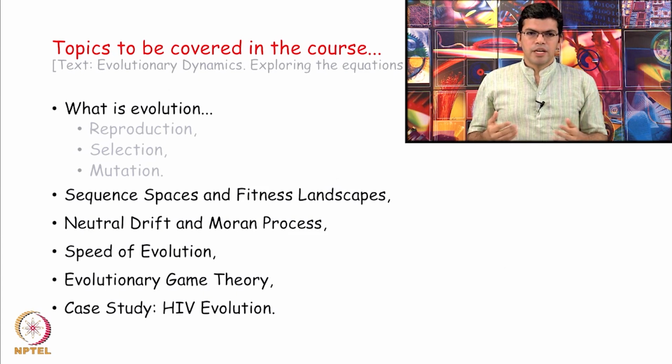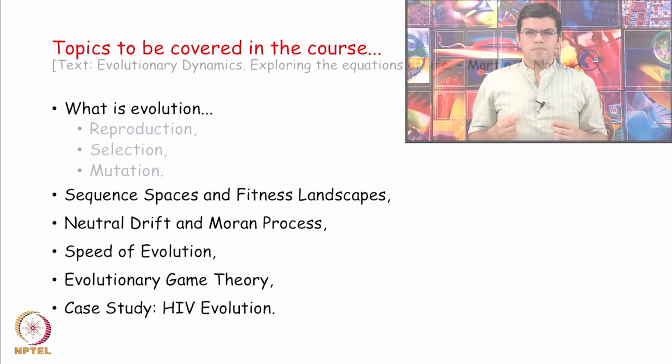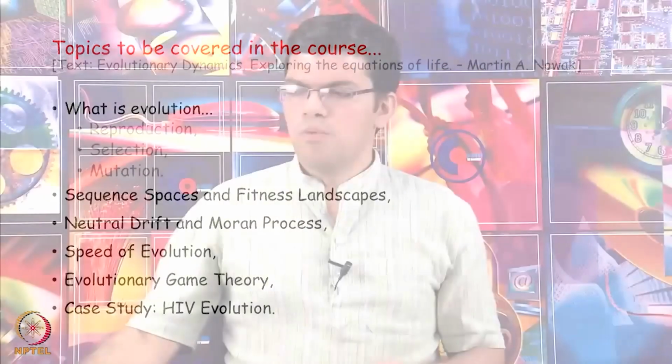After that, we will spend some time on the fourth bullet, which is called speed of evolution, and what we will be talking about there is that in the context of a microbial population, can we come up with analytical frameworks and can we develop expressions which help us quantify speed of evolution associated with a microbial population or an experiment.